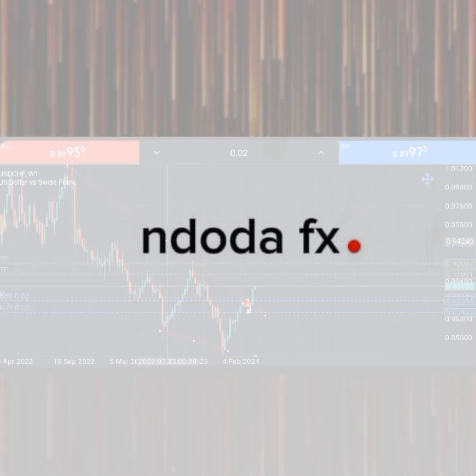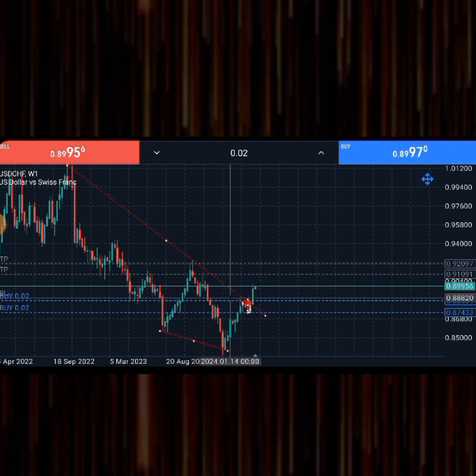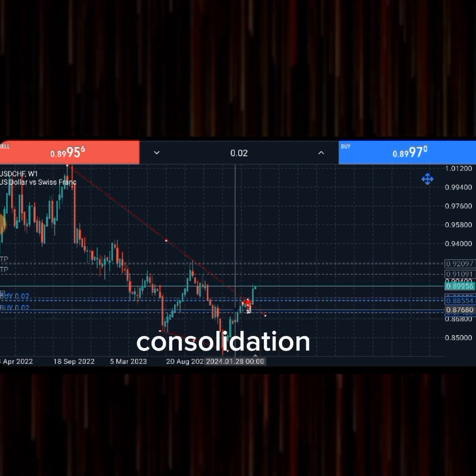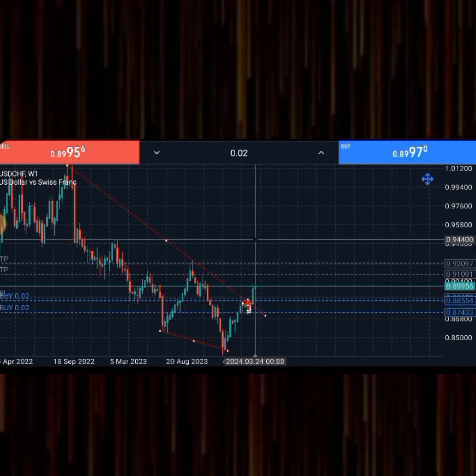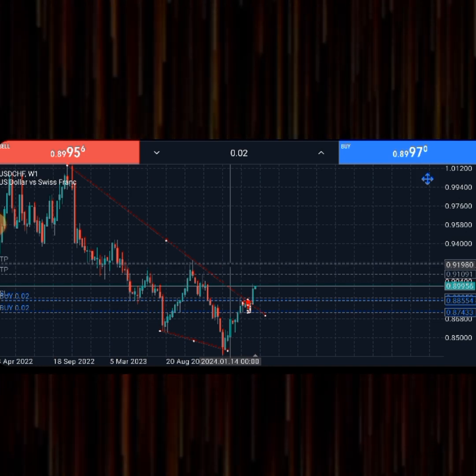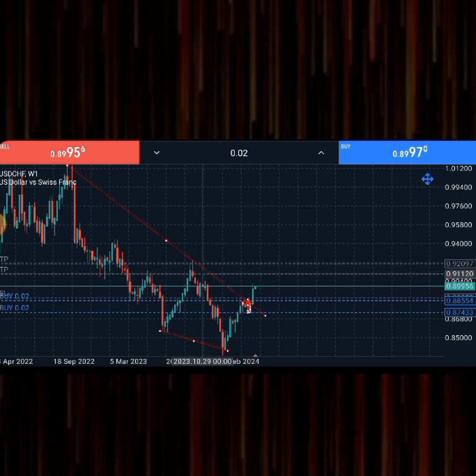We have our first touch, second touch, third touch, a small consolidation that happened right there, and then boom, breakout. We're expecting the market to reach the first touch of the trend line because that's the rule.